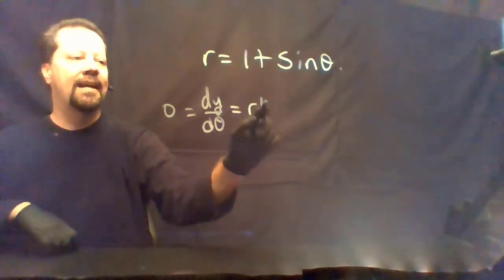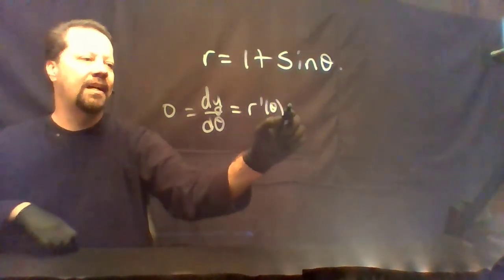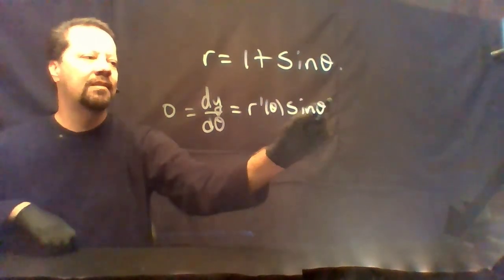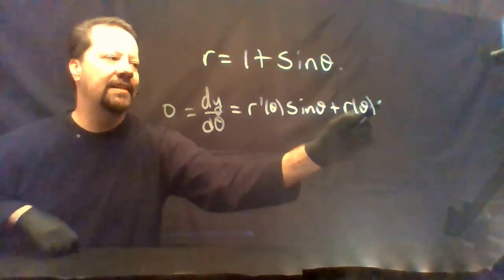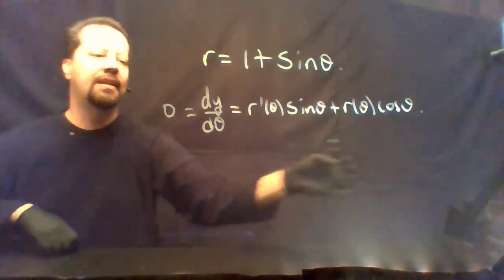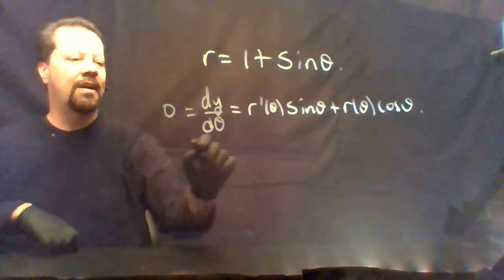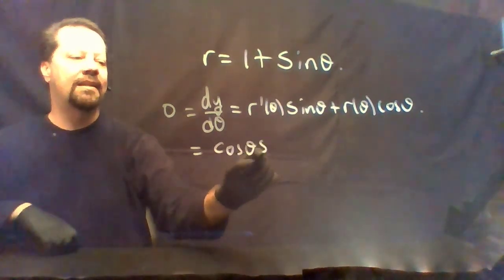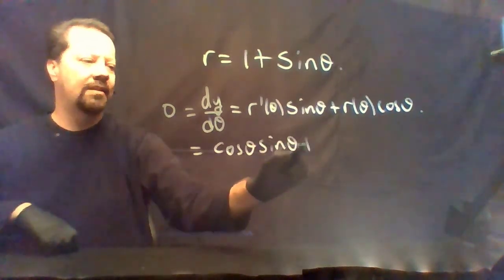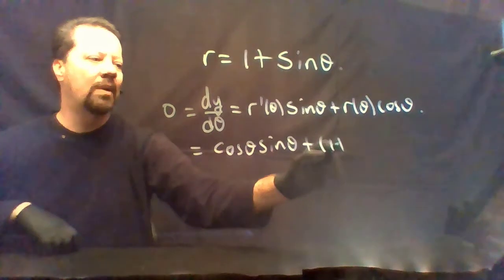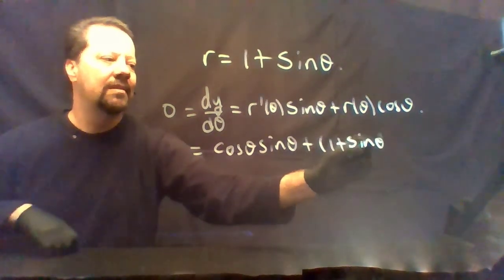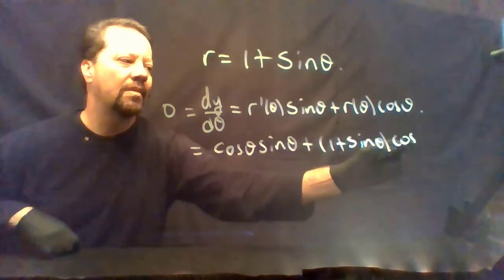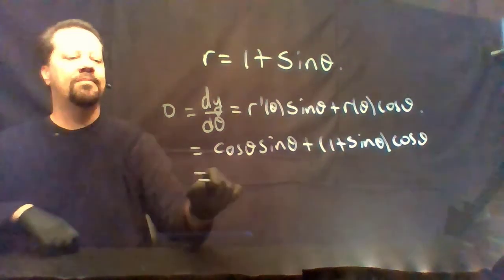Remember, that's r prime of theta times sine theta plus r of theta times cosine theta. In this case, r prime is cosine. So we'll have cosine theta sine theta plus r of theta, which is 1 plus sine theta, times cosine theta.